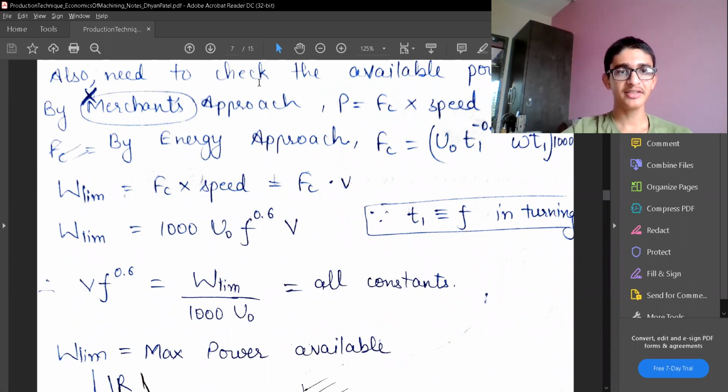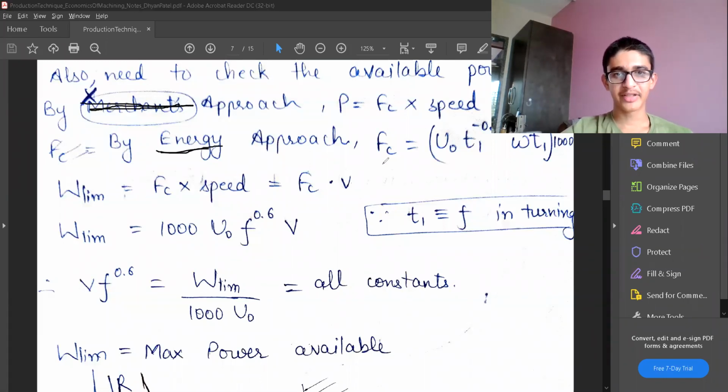The other constraint is the available power. By this approach, the power is FC into speed, and using the energy approach, the Merchant's work which I have mentioned is irrelevant over here. The energy approach is being used directly, which gives my force equal to the specific energy into the area.